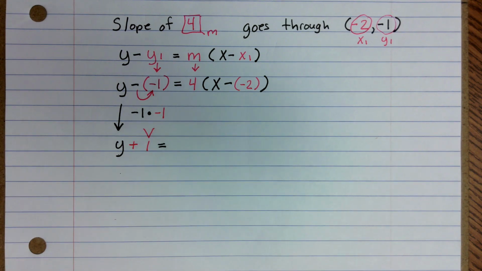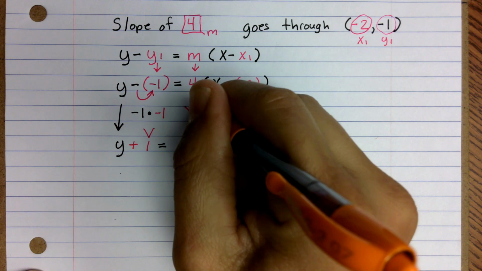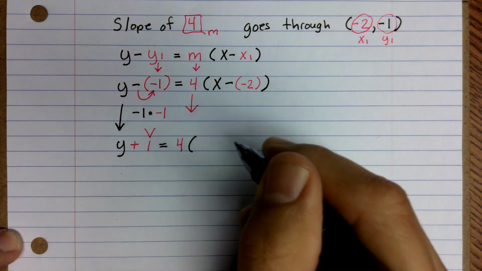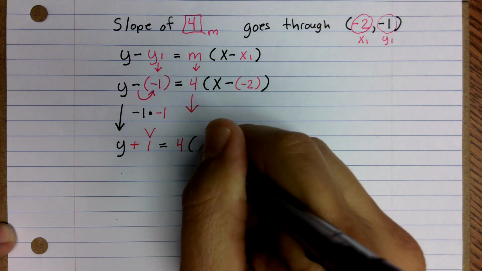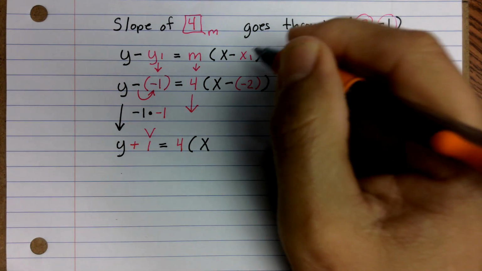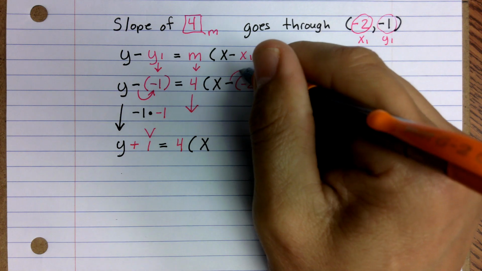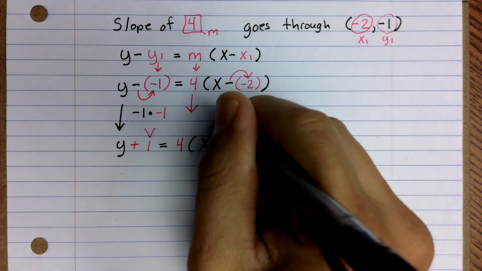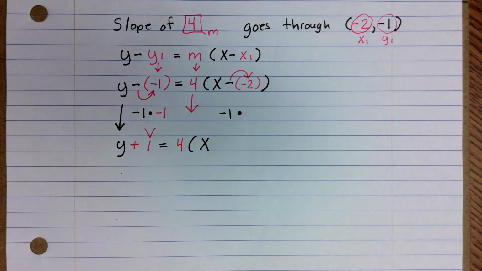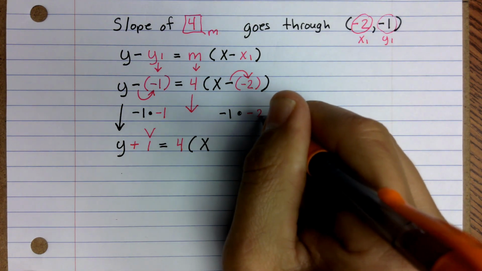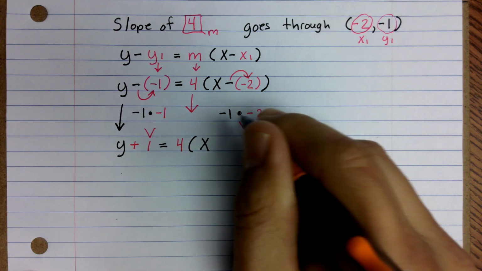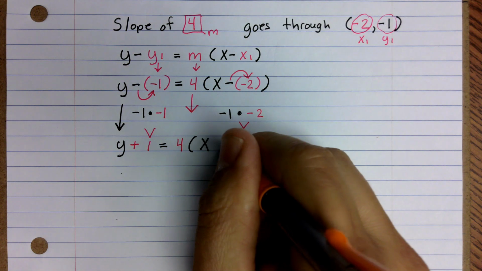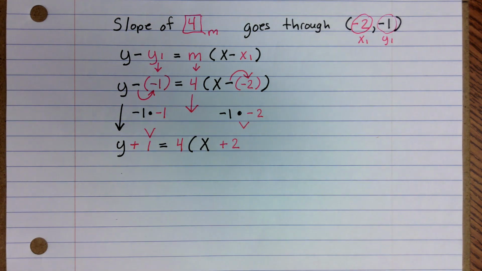And that's going to be equal to, I'm going to bring down my slope, which is 4, write my parenthesis, bring down my x, and notice right here, once again, we have the same situation. This is a -1 times a -2. So we have -1 times what's inside the parenthesis, which is -2. And once again, a negative times a negative makes it a positive. So it's going to be +2.